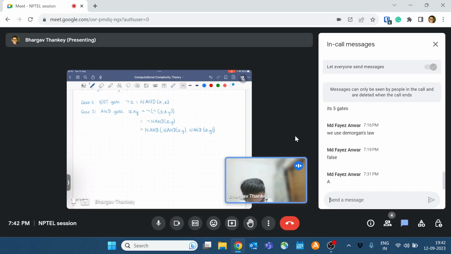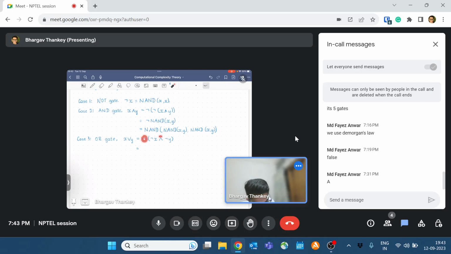Then let's look at the third case, OR. By using De Morgan's law, we can write X OR Y as NOT of (NOT X AND NOT Y). Now, NOT of AND is just NAND. So this is NAND(NOT X, NOT Y).